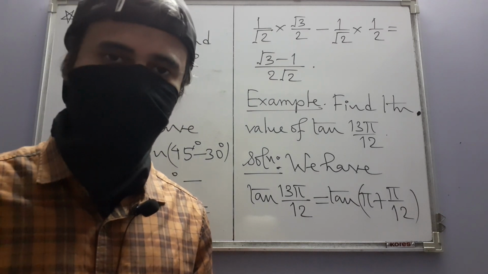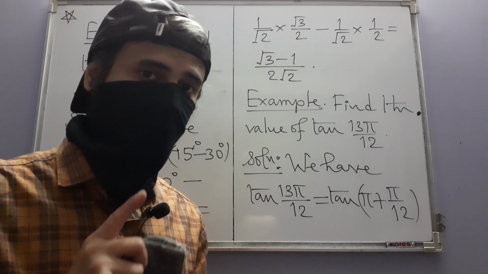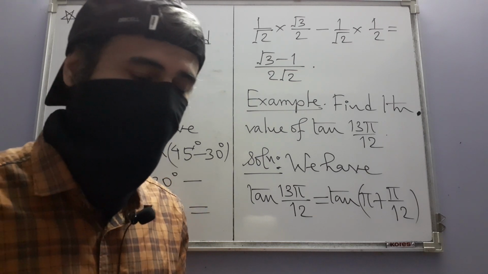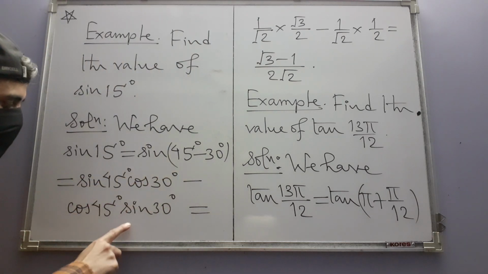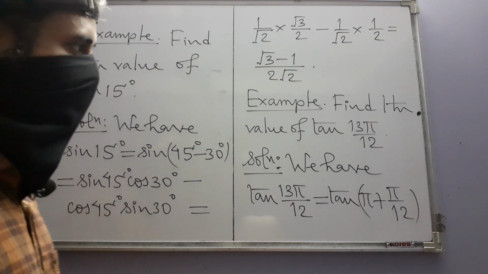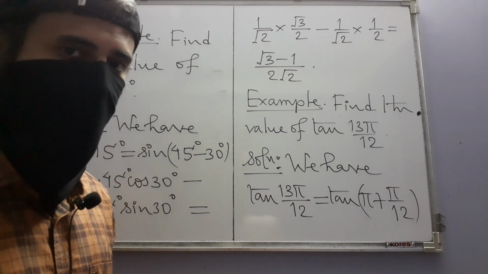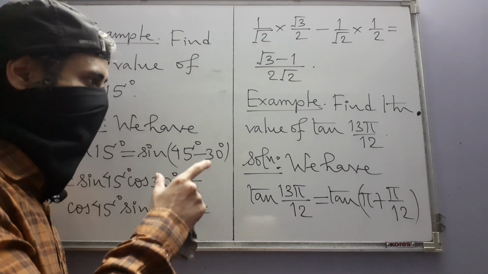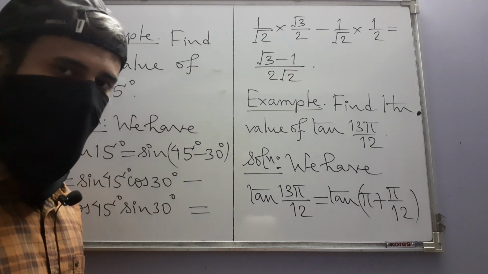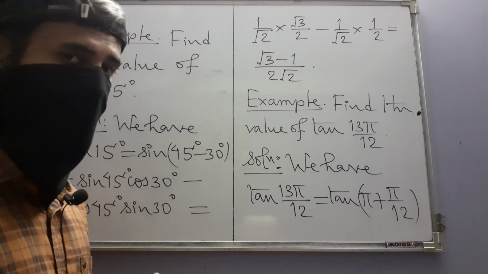And now we are ready to apply tan x plus y formula, but can we do so? You see, when applying these expansions, we did not in fact even think of whether we can do it or not, because we can. There is no restriction on the identities for sin x plus y, sin x minus y, those things. But when it comes to tan, there are restrictions.